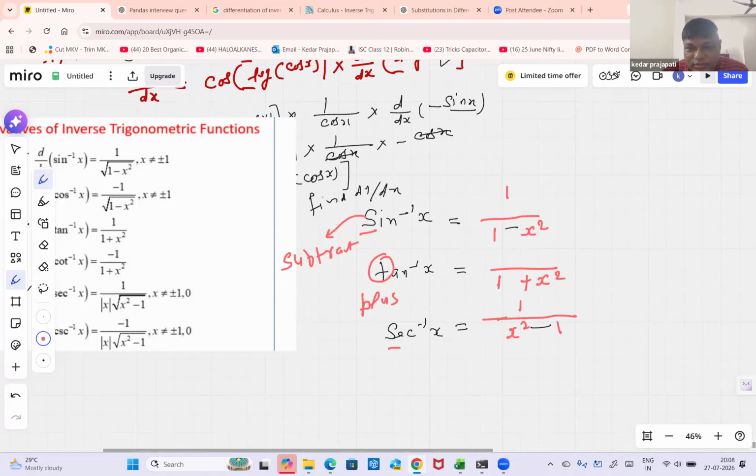And everything is 1 by this. And sine will be having root. All are having root. Tan will not have root. So wherever you are subtracting, that will have root over.